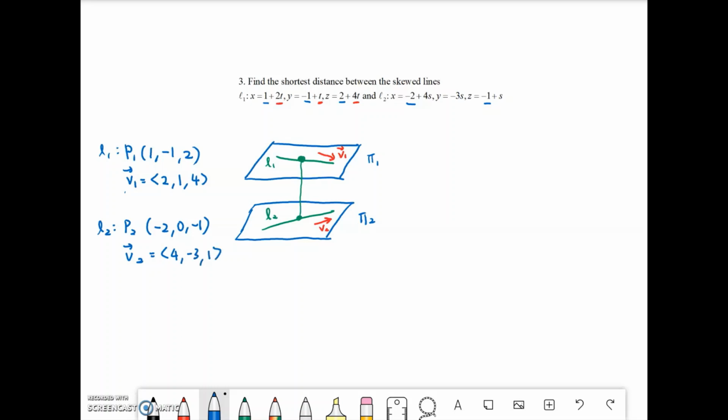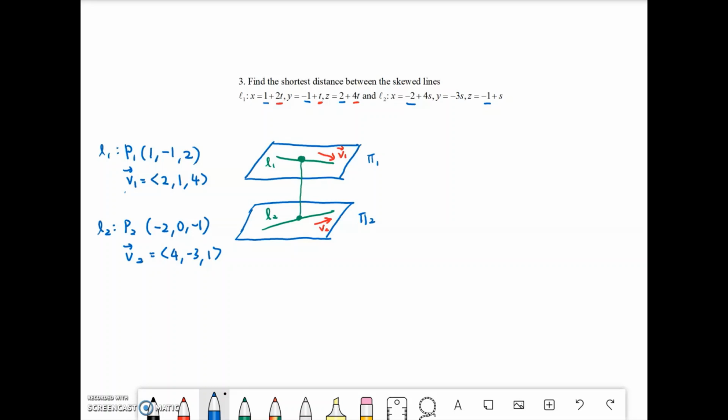So these are all the important parts of line 1 and L2. Our aim is to find the shortest distance between the skew lines. But we have learned before that we can find the shortest distance between a point and a plane, so I'm going to use that idea for solving this kind of problem.